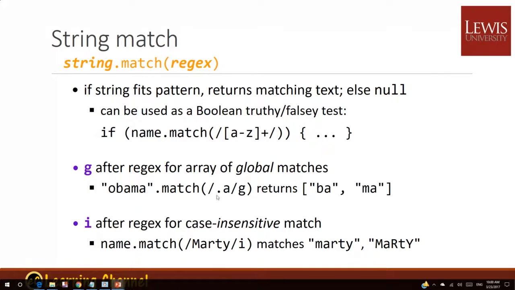The regular expression is a single wildcard dot and A. That means any letter followed by an A. That is the pattern, so BA and MA both match. So this will return this array. And I means case insensitive. So if the pattern is capital M-A-R-T-Y, then Marty, case insensitive, can be this or this.